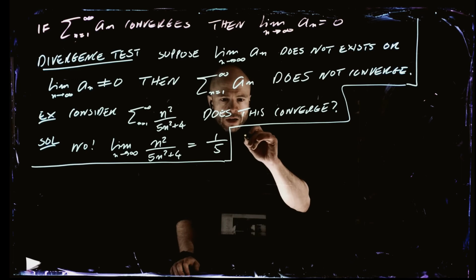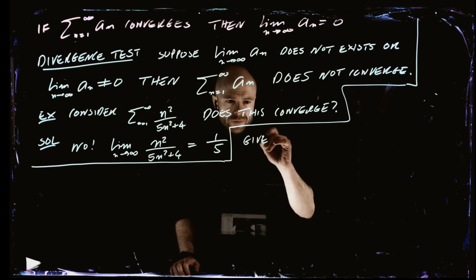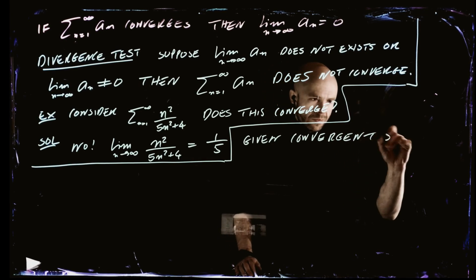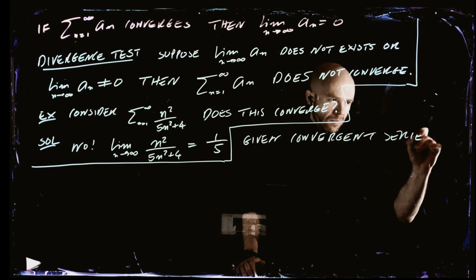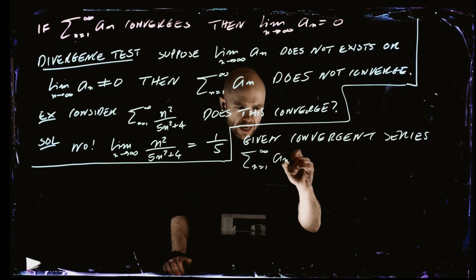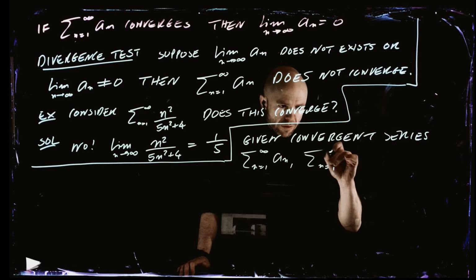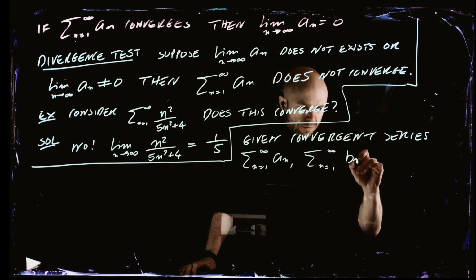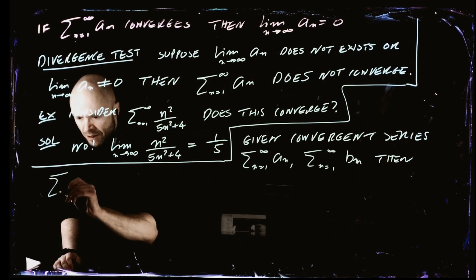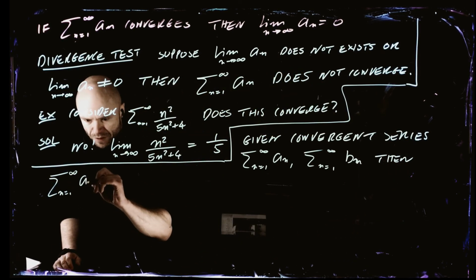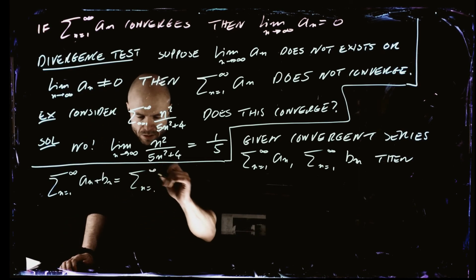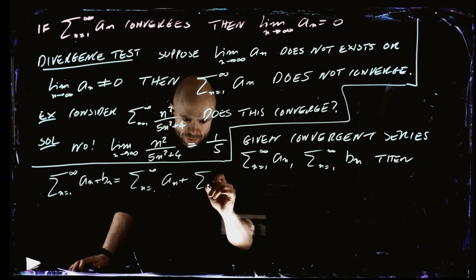So given convergent series, the sum n equals 1 to infinity an, and the sum n equals 1 to infinity bn, then if we consider this series, the sum from n equals 1 to infinity an plus bn, that is just the sum of both of these guys. Just like a finite sum.